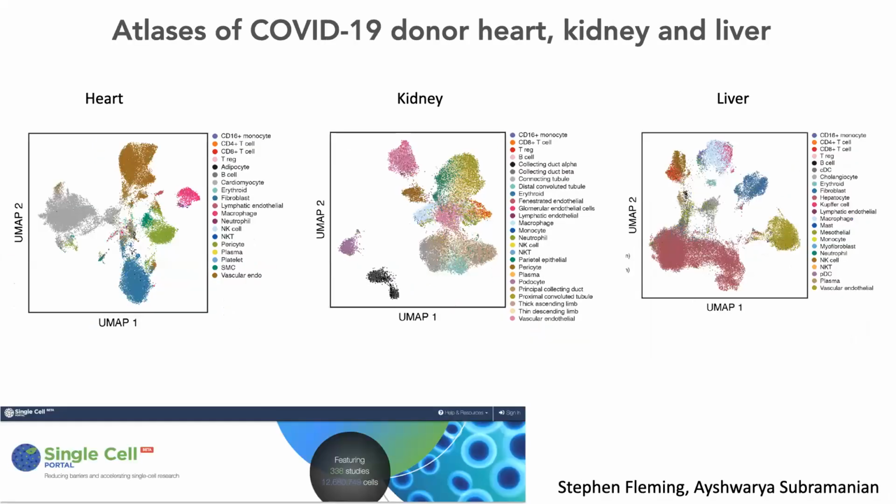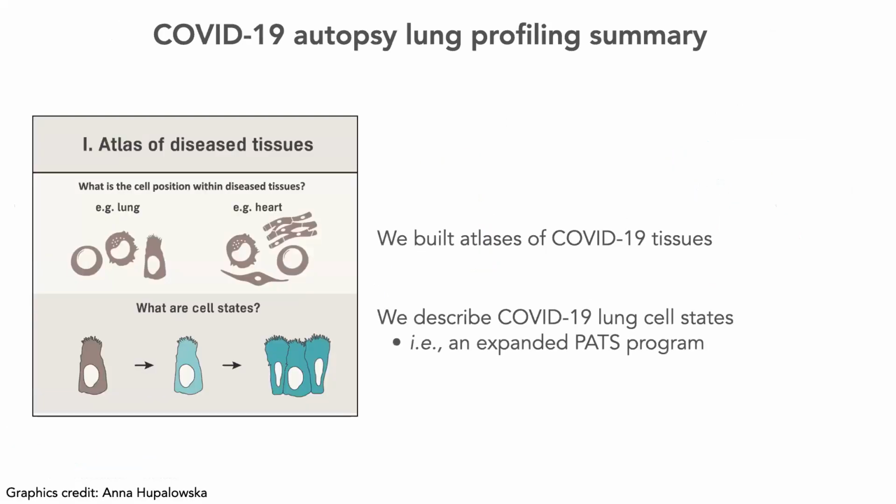And we wanted to gain insight into how COVID-19 affects other tissue types, not just the lung. And so we profiled the heart, liver, and kidney tissues from a subset of our donors. For this, we used single nucleus RNA sequencing. All of our data for these atlases can be found on the Single Cell Portal.